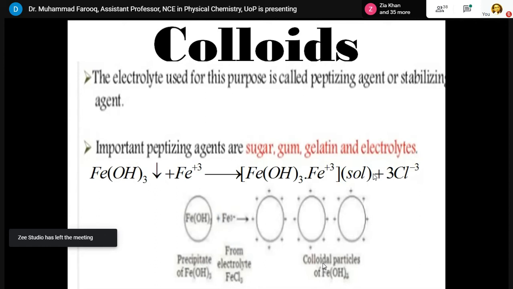If we put FeCl3, it will dissociate and produce Fe3+. This iron ion will absorb on the surface of the Fe(OH)3 precipitate. On the other side you can see Fe(OH)3 dot Fe3+. It means the ion has been absorbed on the particle of the precipitate. You can see I have already written sol plus Cl-; the ions will automatically be produced. Is this clear or not?